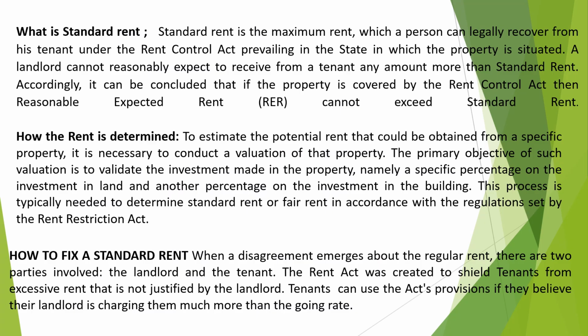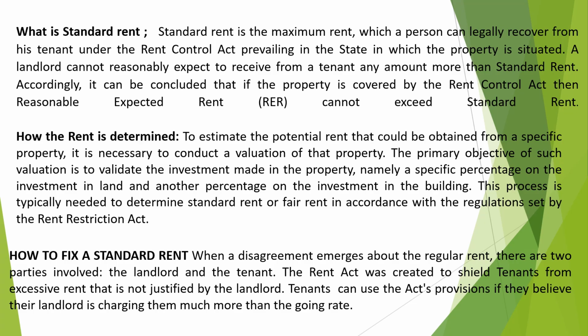So basically, what is standard rent? When a building is given on rent, there are two persons involved. One is the owner or landlord, and the other one is the tenant.